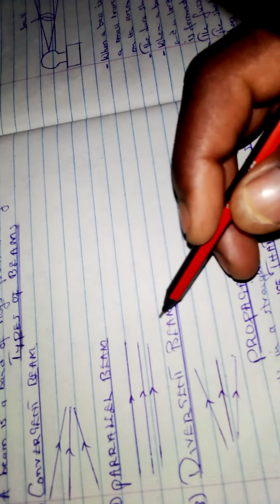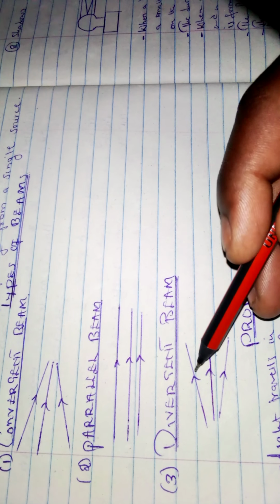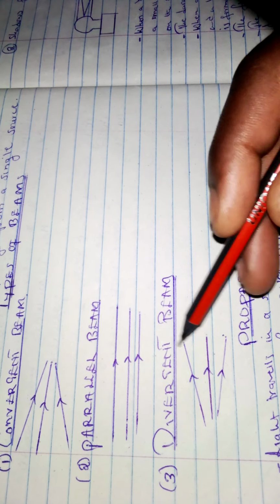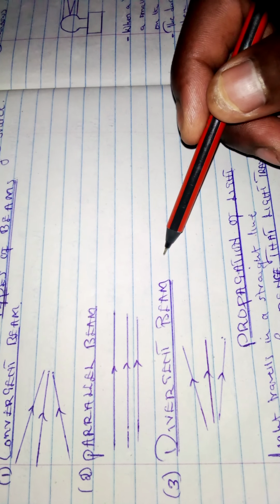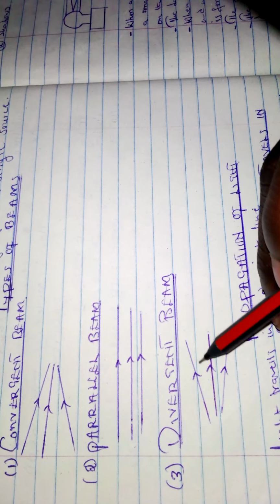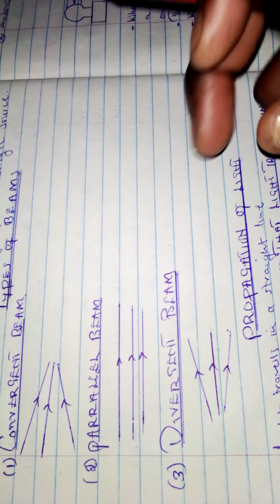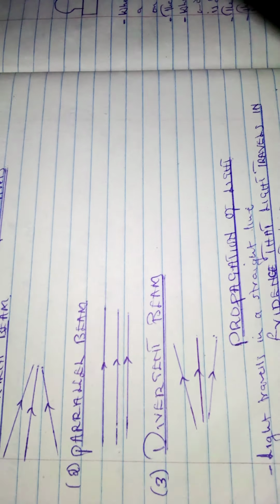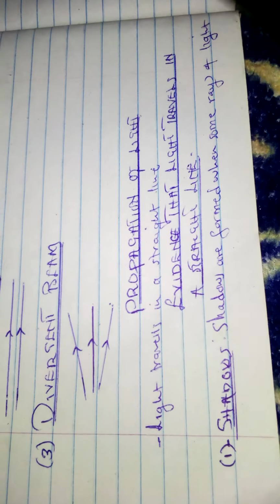Then these, when you look at these, light rays are going away from each other. So it's a divergent beam of light. This tells us that the rays of light are not meeting at the same point. So that's a concept you should know.